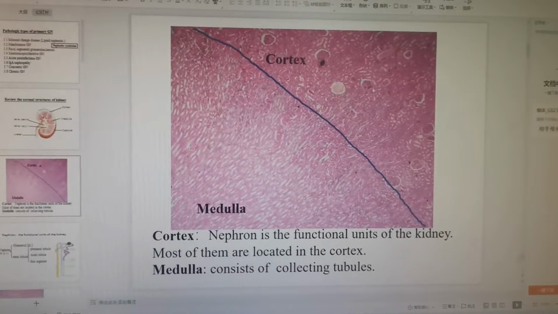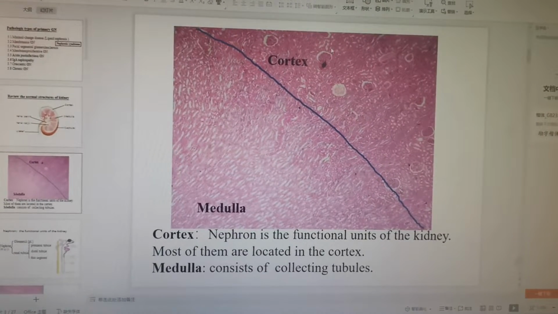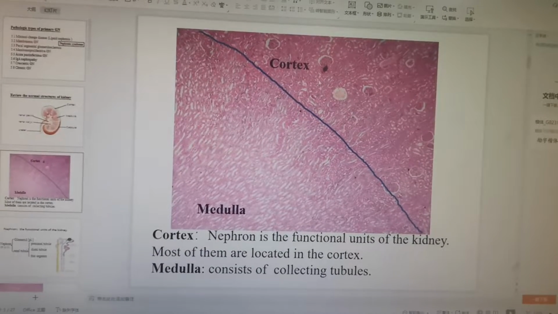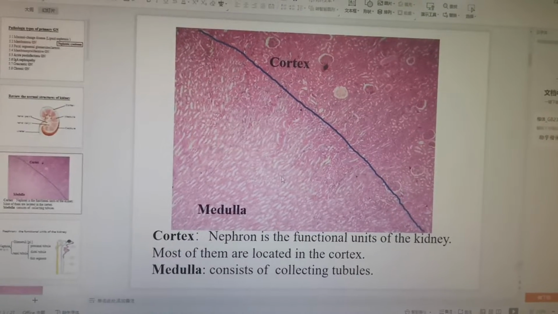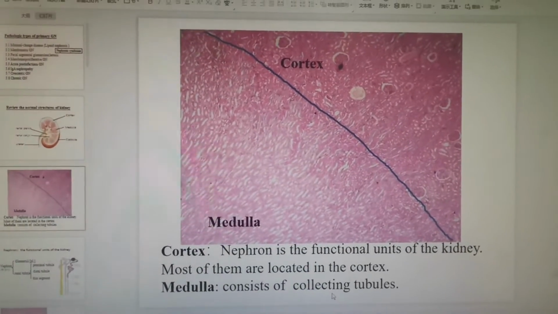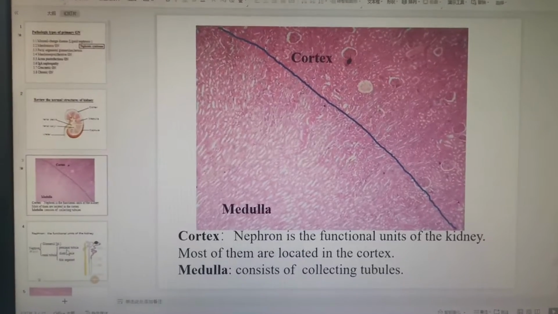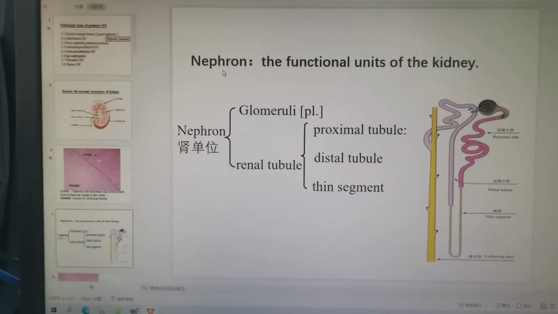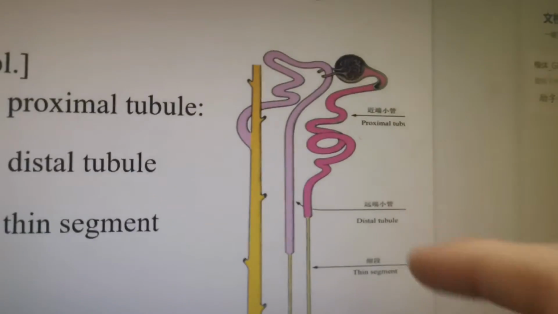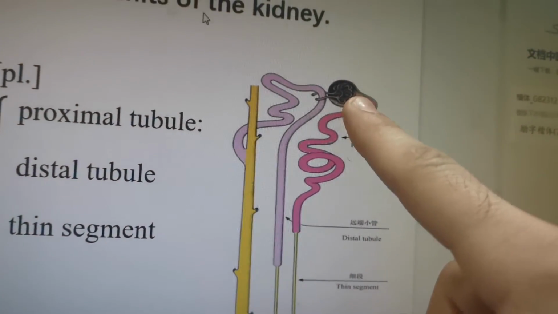Most of the nephrons are located in the cortex. Here is the medulla, which always consists of collecting tubules. This is the nephron, the functional unit of the kidney.